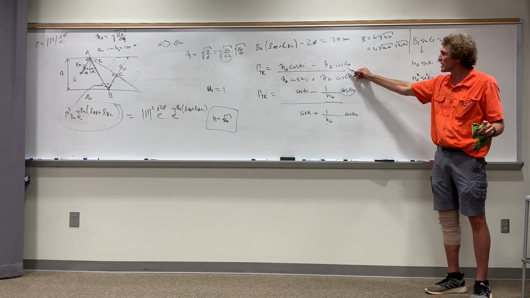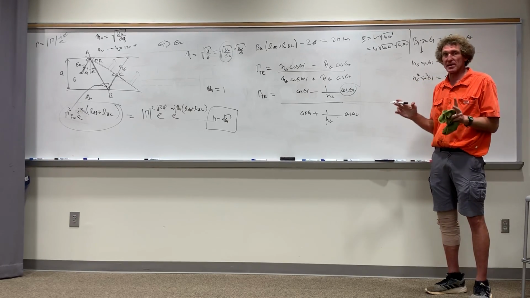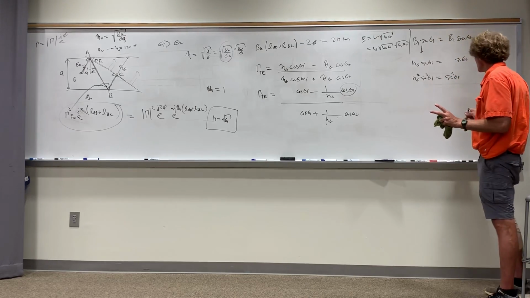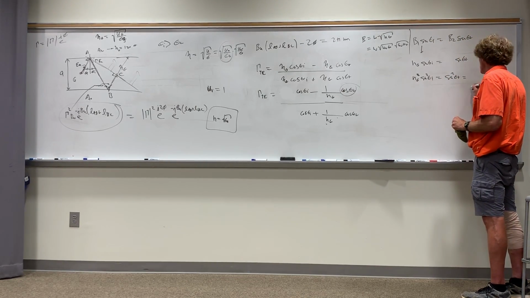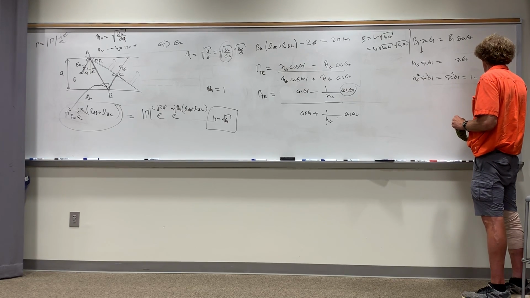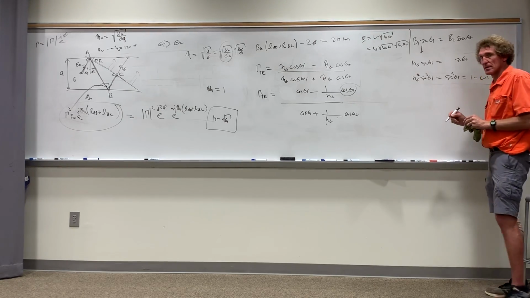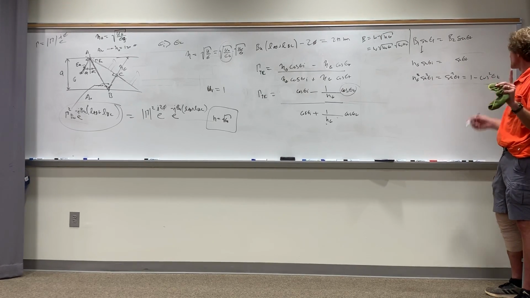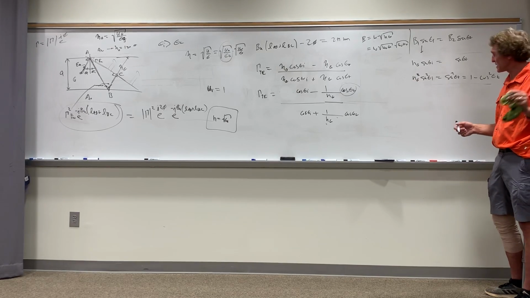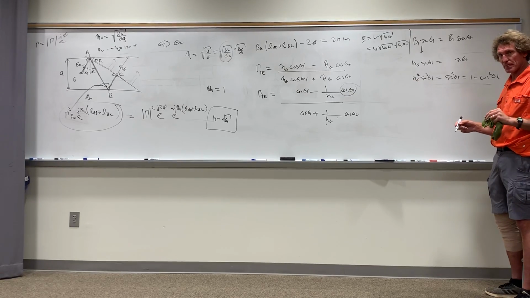We'd like to get cosine of theta transmitted. If you've read this, you know how to do it. Sine squared of theta transmitted, isn't that 1 minus the cosine squared of theta transmitted? Sine squared plus cosine squared is 1, isn't it, class? So 1 minus cosine squared of theta transmitted is sine squared of theta transmitted, right?